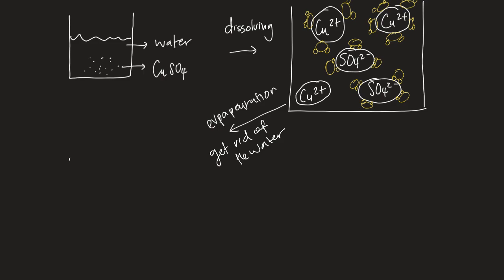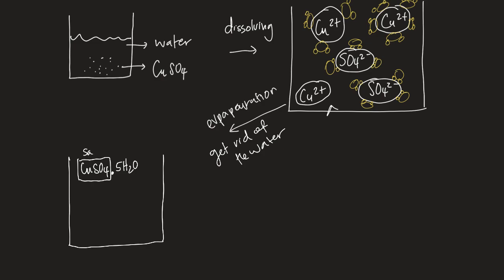So when it goes through the process of evaporation, instead of getting rid of all the water, you're going to end up with CuSO4, and attached to it is 5 waters. So the salt will now form. There's your salt.